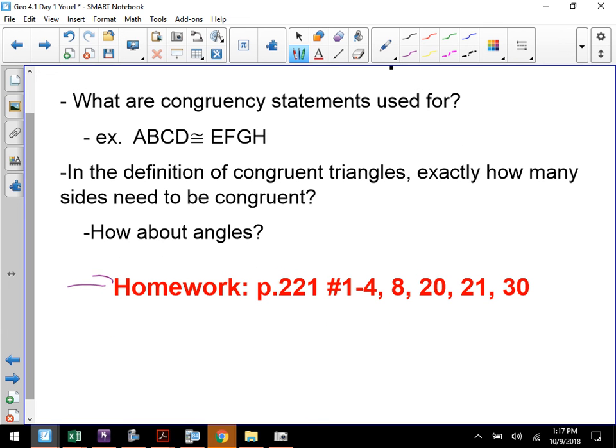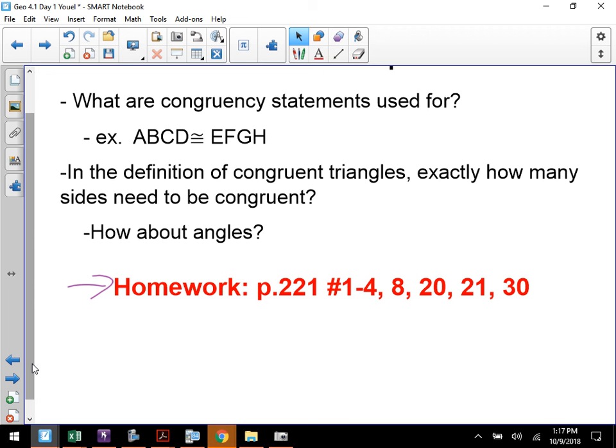Do these, please. Congruency statements, very simple algebra, nothing too crazy. Thursday we will revisit this, just because I know it's the third fun day of the week, and we will go back over all that logic stuff we did.